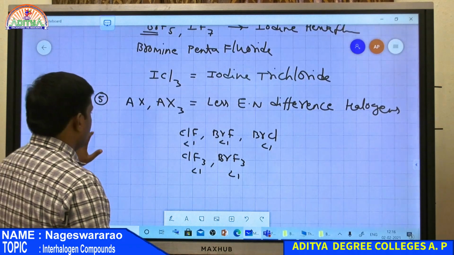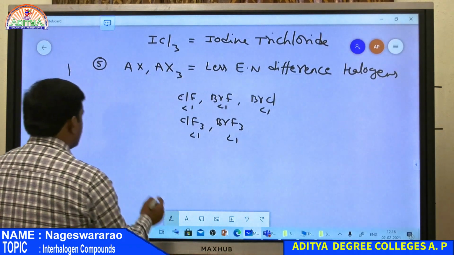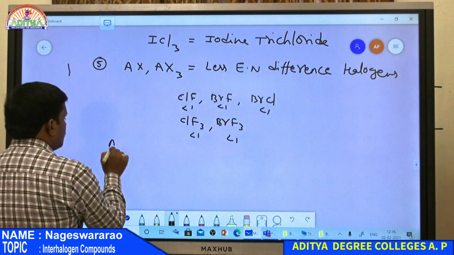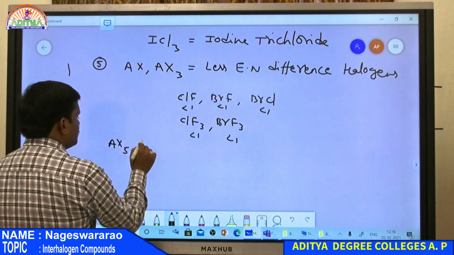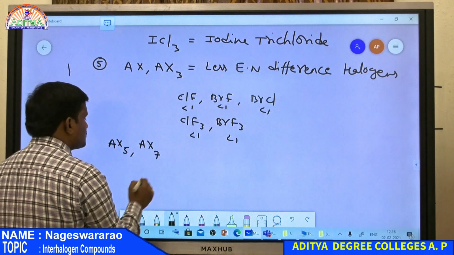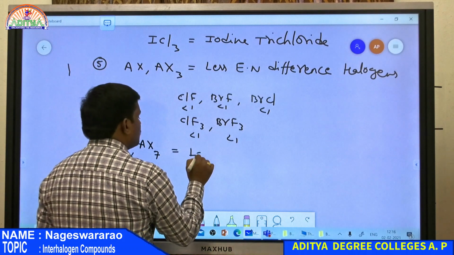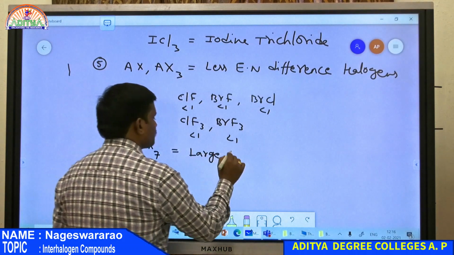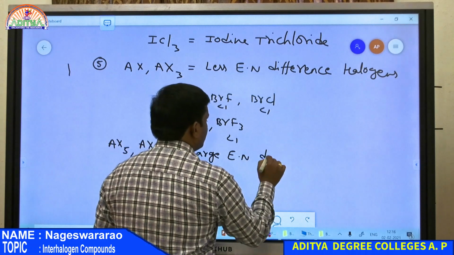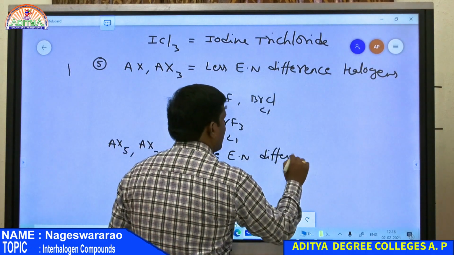Whereas the remaining two cases, AX5 or AX7, are the interhalogens formed due to a large electronegativity difference between the halogens.